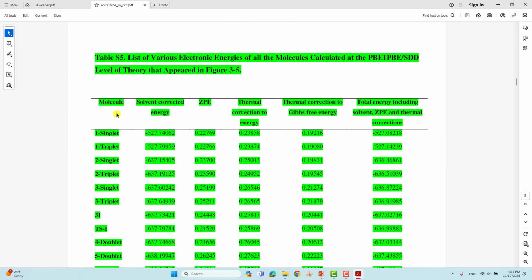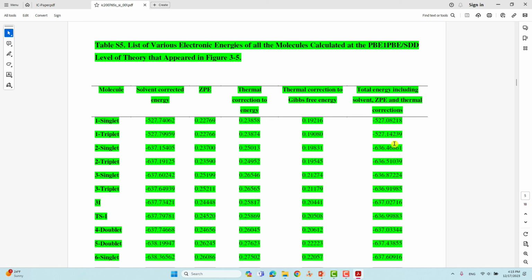So here you can see this is the molecule, this is the solvent corrected energy, this is the zero point energy, this is the thermal correction to energy, this is the thermal correction to Gibbs free energy, this is the final corrected energy. So we are going to use these energies to compute the Gibbs free energy, and also we will see how they plotted the Gibbs free energy profile using these energies.